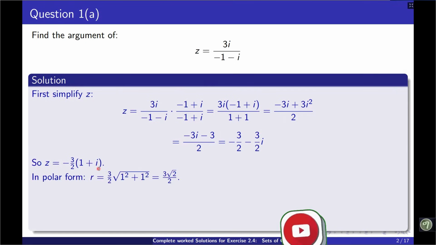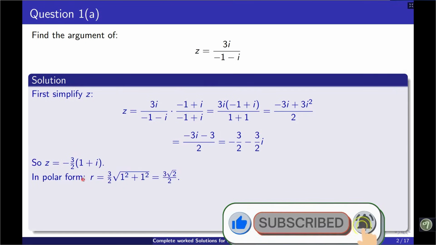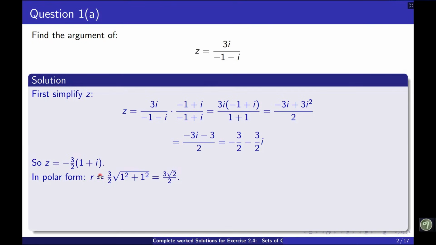So in the polar form, the magnitude r of this complex number is 3 over 2 times the square root of 1 squared plus 1 squared, which is 3 radical 2 over 2. And then the argument is the tan inverse of the ratio of the imaginary and the real part, that is minus 3 over 2 over minus 3 over 2, which is equal to positive 1.